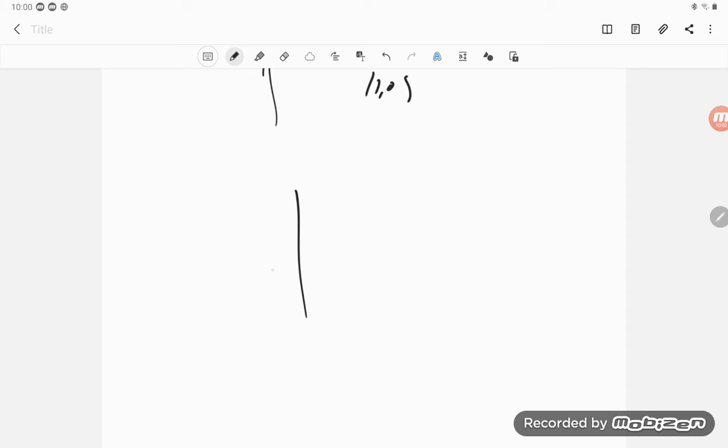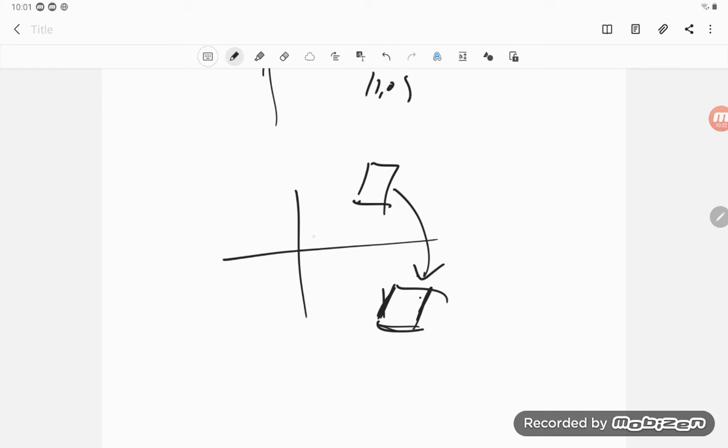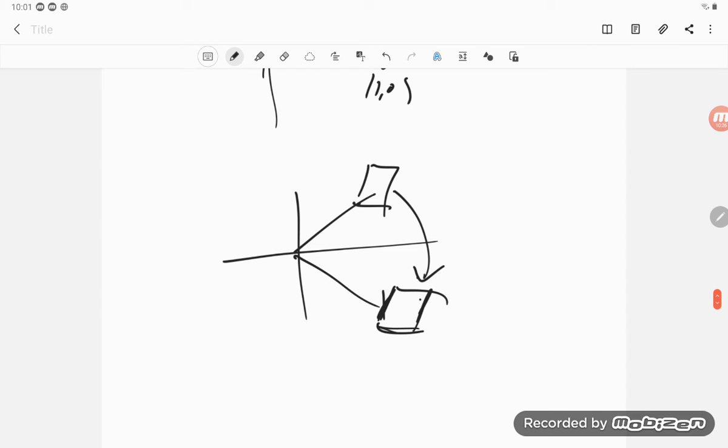So if I got an object out here and I want to rotate it down to here, I'll get something similar, I guess. I'll bring that down that far, whatever this angle is that I'm rotating through. So I can rotate a whole figure.